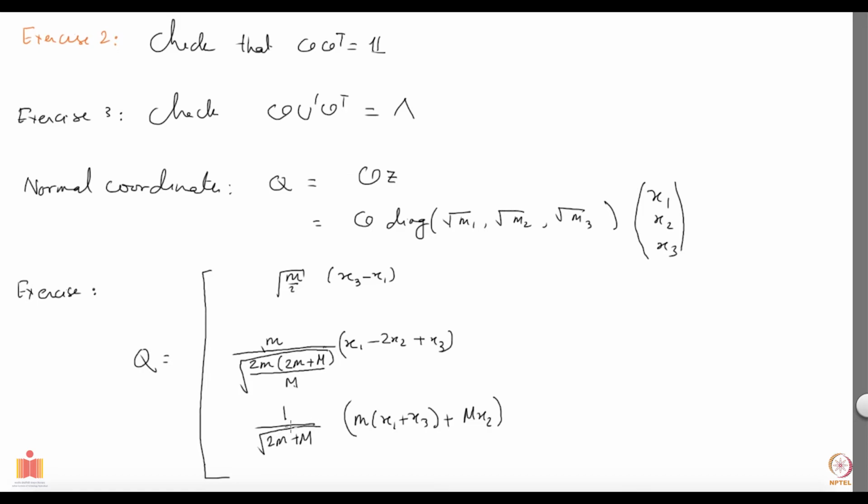I saw this factor in the denominator, which is 1 over square root of m, and I thought I'm doing something wrong. But then I have a mass here, which together make the same as here. So it's all fine. There is no mistake, I believe. Okay, so that is the Q. So you know what your normal coordinates are in terms of x1, x2, and x3.